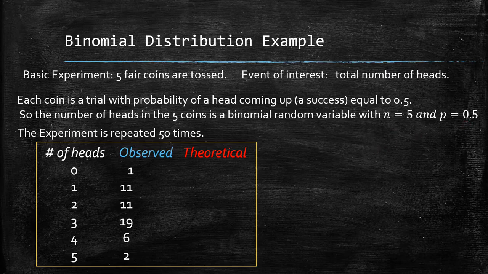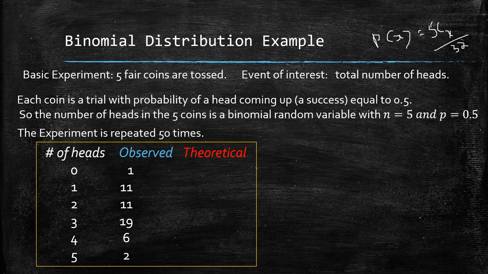Since the bases are the same, I can write it as 5Cx into half power x plus 5 minus x, which gives half power 5, that is 1 by 2 power 5. So that is 5Cx by 32.